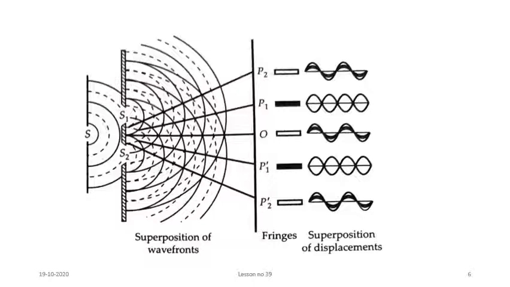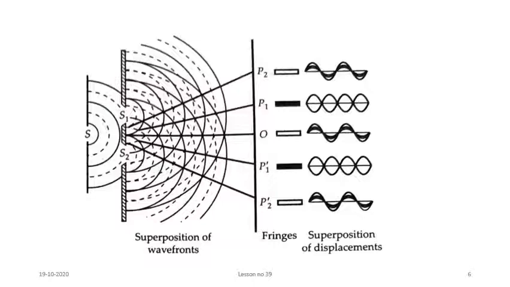That means it will be dark, a dark fringe. Such kind of interference will be known as destructive interference. Fine. So on the observation screen, we will obtain alternate bright, dark, bright, dark fringes.